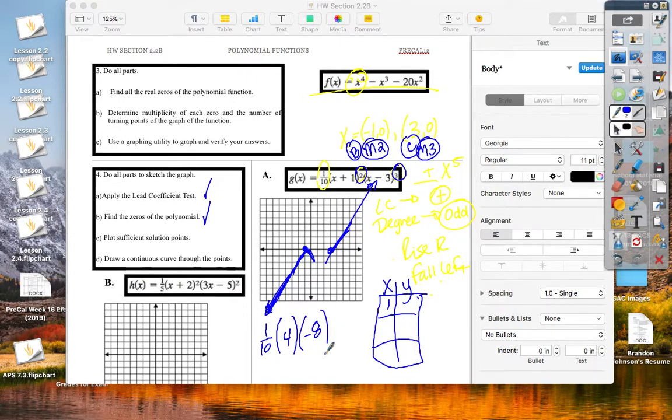Okay, so now we've got 1/10 times 4 times negative 8. And what we can do, and I'll get a calculator here, is multiply this. 4 times negative 8 is negative 32. 1/10 of that would be negative 32 over 10, which would be negative 3.2.